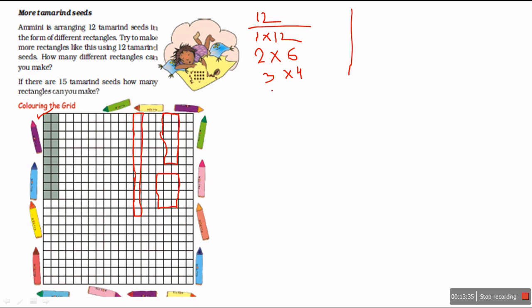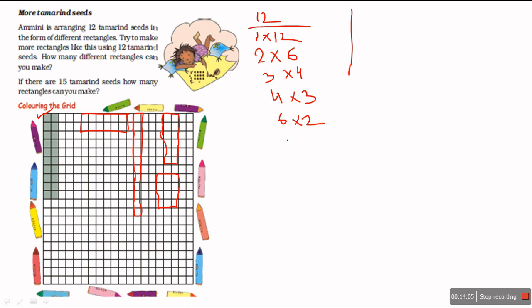Now 4 into 3. I will change this line. Now 4 line will be this and 3 line will be this. 5 is not a factor of 12. 6 into 2. Now I will take it and make it reverse like this: 1, 2, 3, 4, 5, 6.